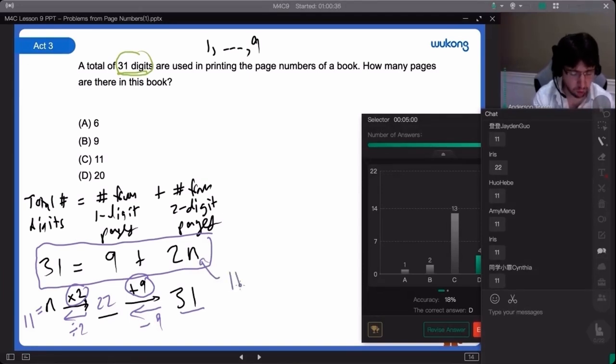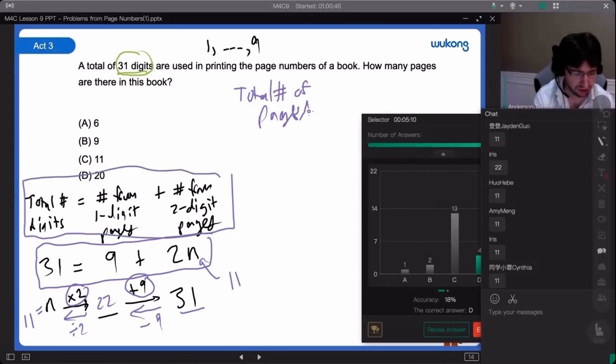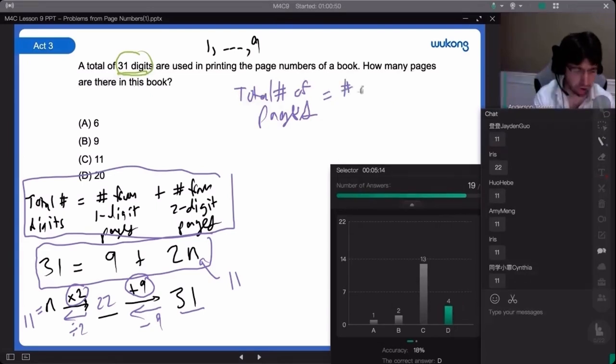But what we want to know is the total number of pages. So this was an equation for the total number of digits. We want total number of pages now. So this is just equal to the number of 1-digit pages plus the number of 2-digit pages.